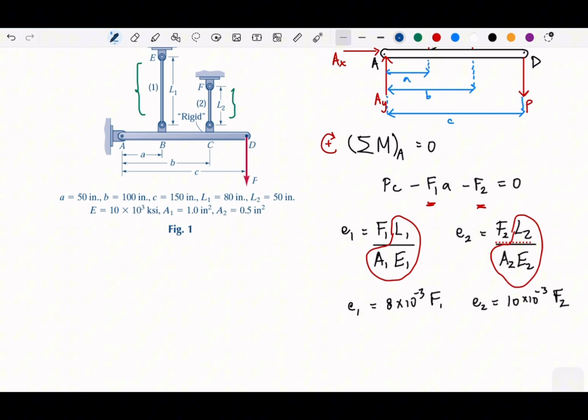Now let me take this as, suppose that this is 80. Suppose that we have some small angle here. So this will be the E1 and this will be the E2.